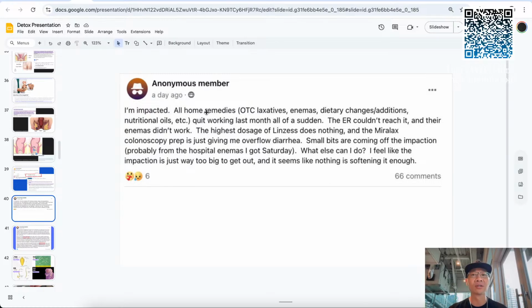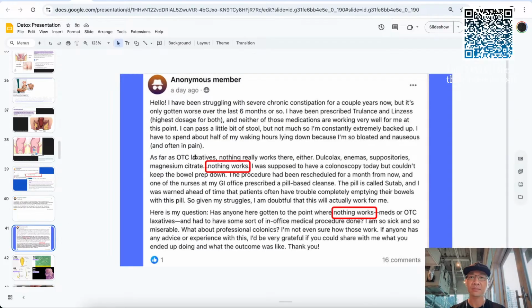The highest doses do nothing. The Miralax colonoscopy prep is giving me overflow diarrhea. Small bits are coming off the impaction. What else can I do? I feel like the impaction is way too big to get out, and it seems like nothing is softening it enough. People are writing entire novels out there about their chronic constipation problems.